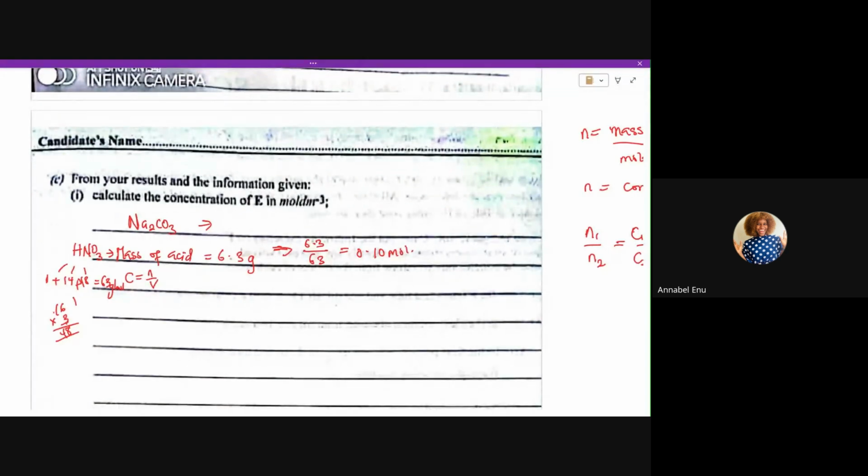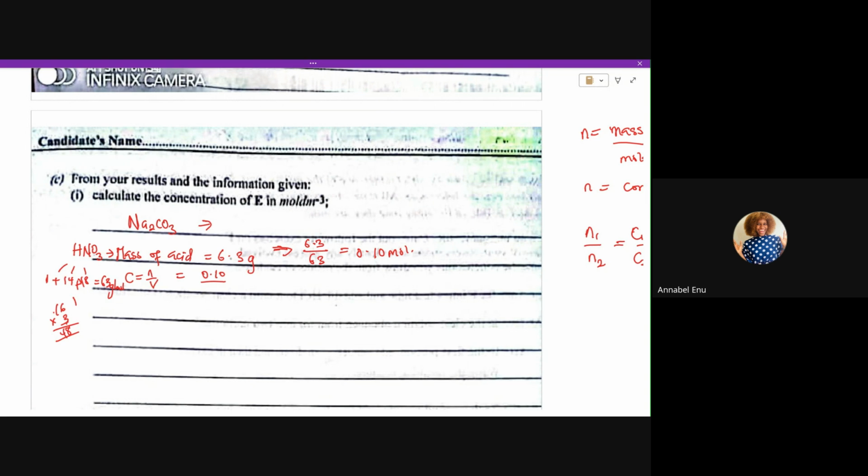Now we can get the concentration for our acid. To get the concentration for our acid, we need this number of mole, which is equal to 0.10 divided by the volume that was given to us.